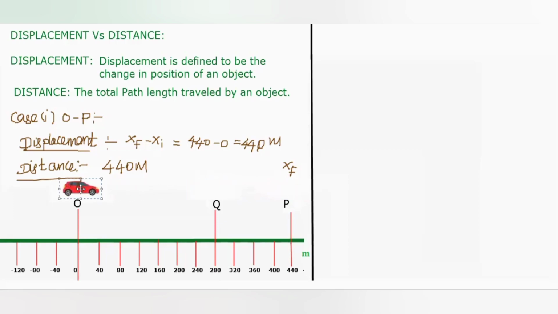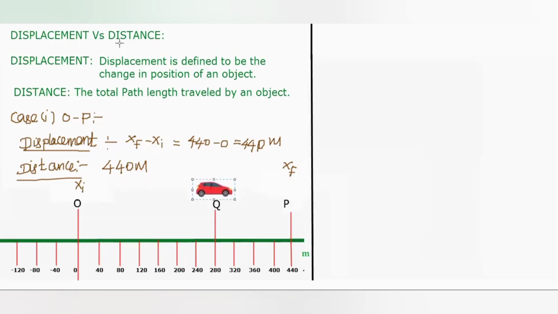First, it is at the origin O. From O, it is going to move to P. Then it will return back, or otherwise it will move in the negative x direction from P to Q. O to P, then P to Q.